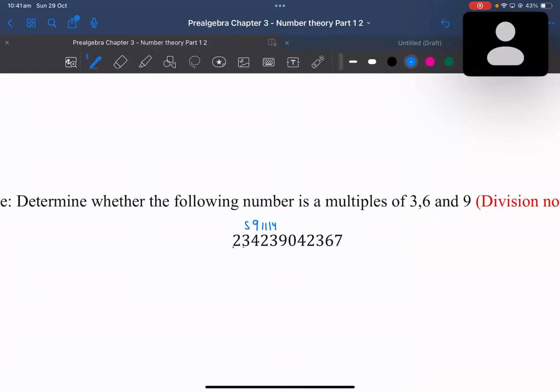Plus 9, 23. Yeah, 0 doesn't do anything. Plus 4, 27. Then 29, add 3, 32. Plus 6, 38. Plus 7, 45.